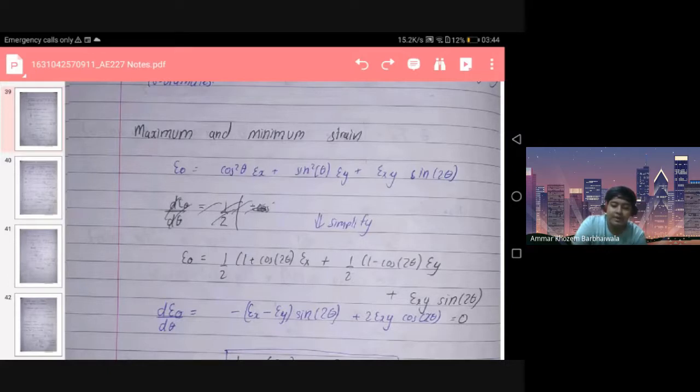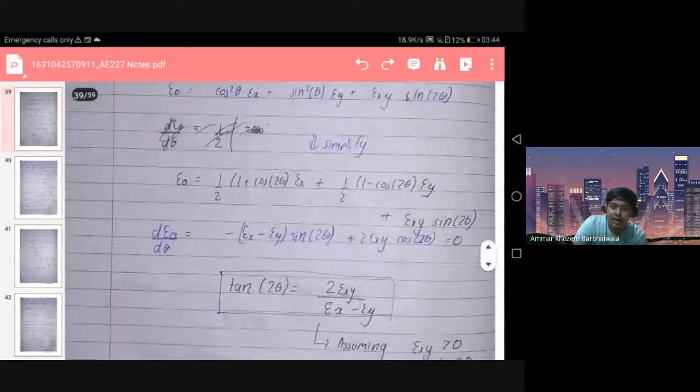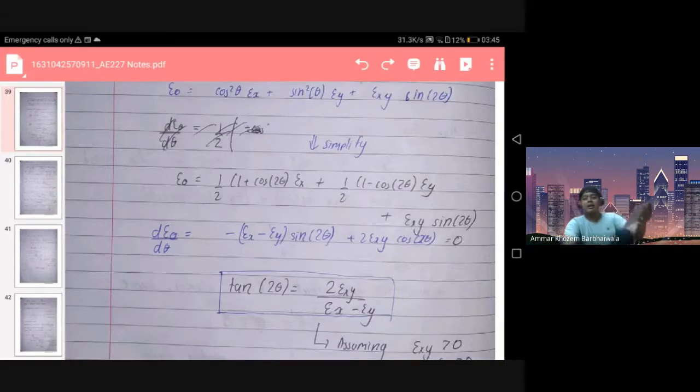If I simplify this, I can use cos square theta as 1 plus cos 2 theta by 2, and in the end I get this formula. To find the maximum strain, I differentiate it, and I get the condition tan 2 theta equals 2 epsilon xy upon epsilon x minus epsilon y. At this angle, I would have either the maximum strain or the minimum strain.